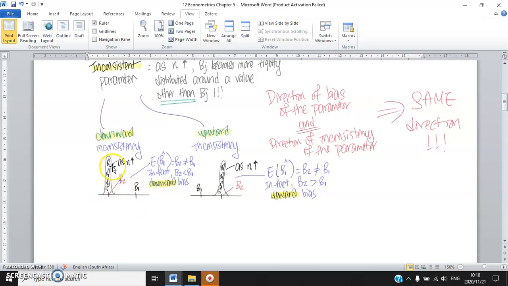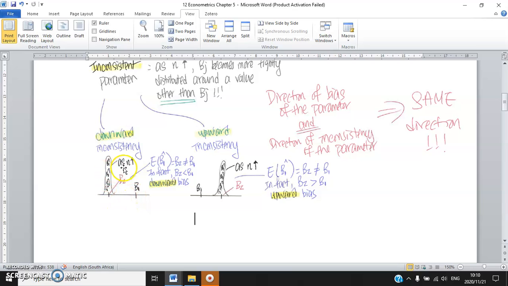So in other words, the direction of the bias of the parameter is downward, and the direction of the inconsistency of the parameter is in the same direction, both downward. So I repeat, the regression commits, let's say, underfitting, and then downward bias in the slope parameter. The true slope parameter is B1, but due to the downward bias as a result of underfitting, I end up estimating the slope parameter as only BC, which is far away from B1.